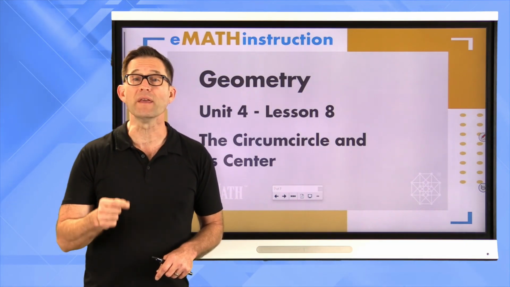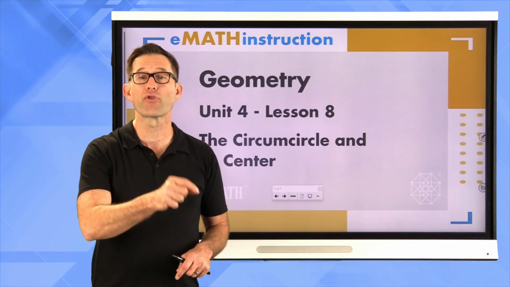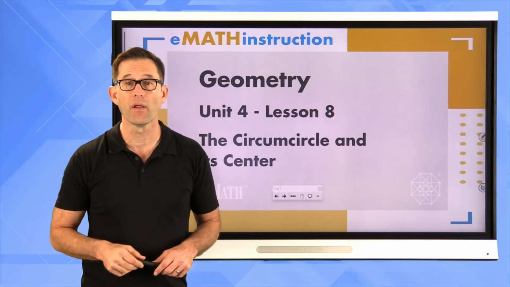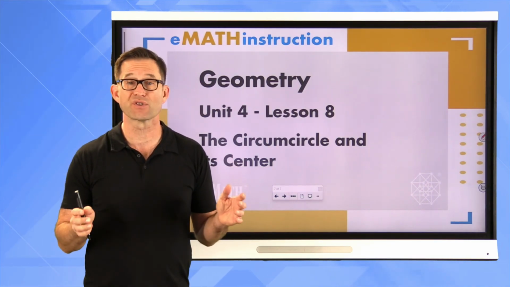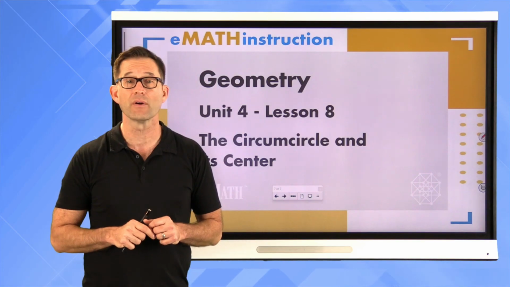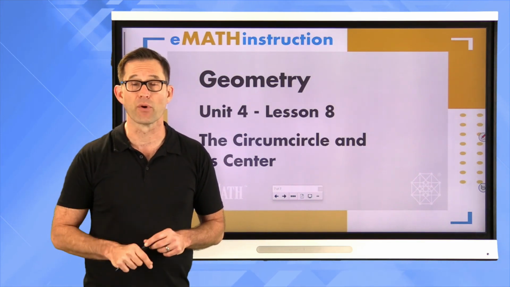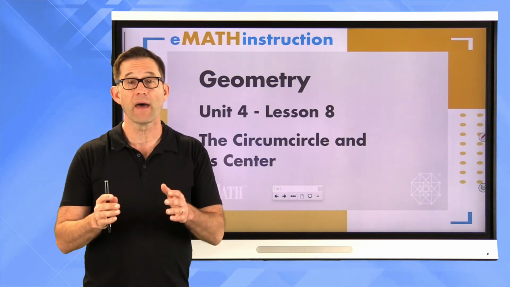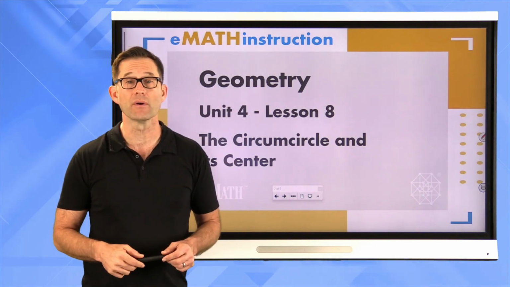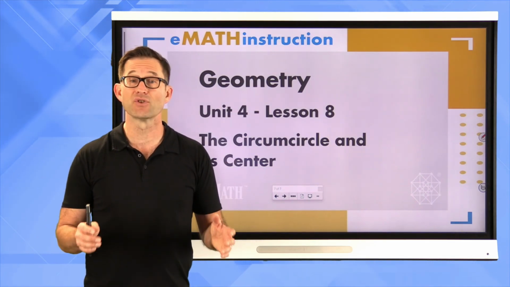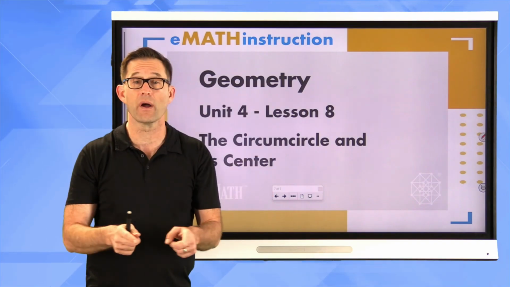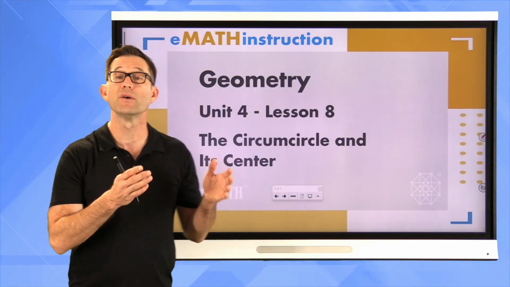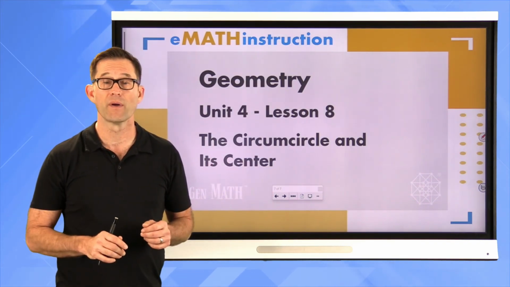That point will be equidistant from all three vertices of a triangle, and therefore you can draw a circle with that as its center that then passes through the three vertices of a triangle. That point is called the circumcenter of a triangle, and that circle that encloses the triangle is called the circumcircle of a triangle. All right?